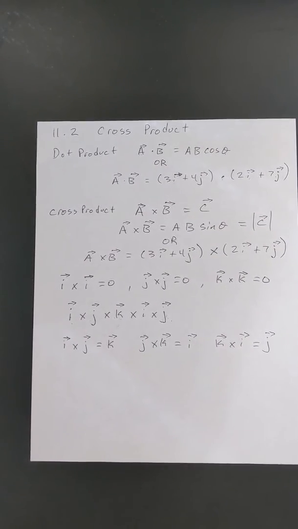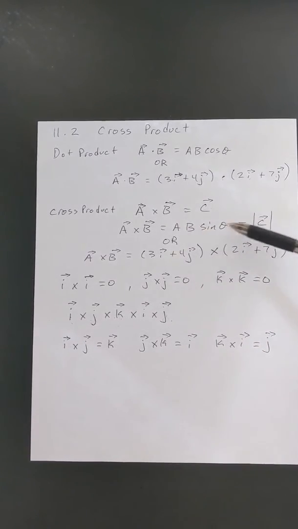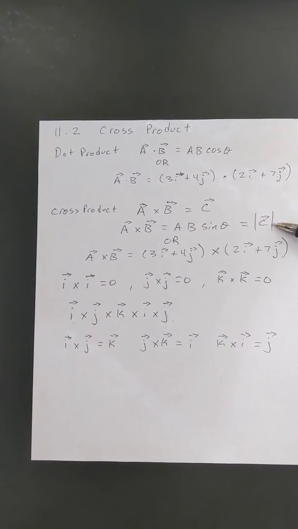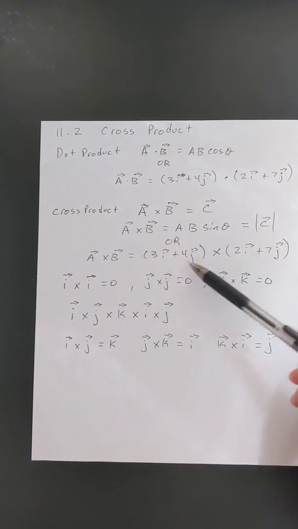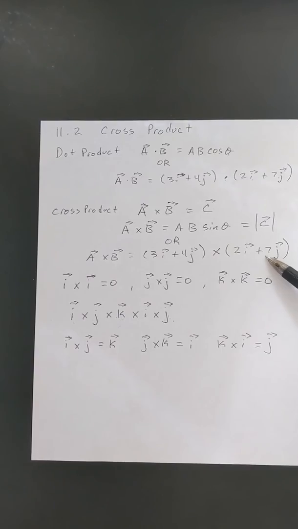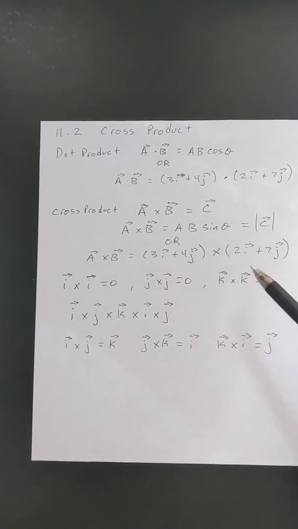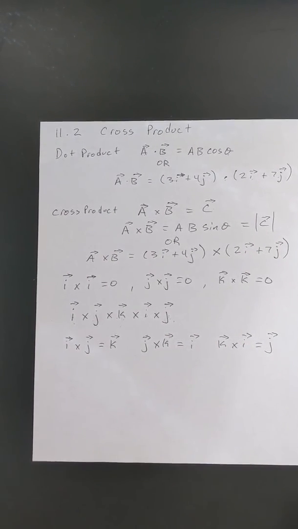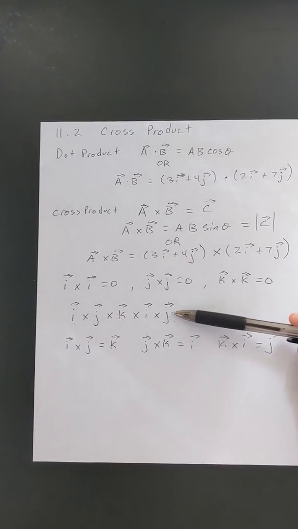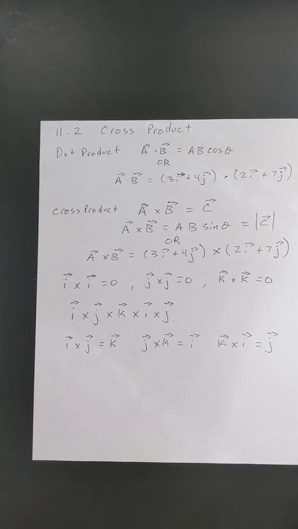If you have vectors given as magnitudes and an angle, then you're probably finding the magnitude of C. But if they give you the vectors A and B in terms of unit vectors, then there's no reason to find the magnitude of A, the magnitude of B, and somehow figure out the angle between them. Do the regular multiplication FOILing method. You just have to learn how i's, j's, and k's interact with each other.